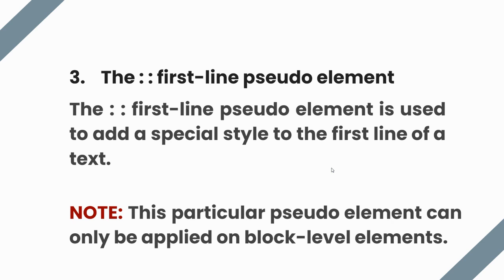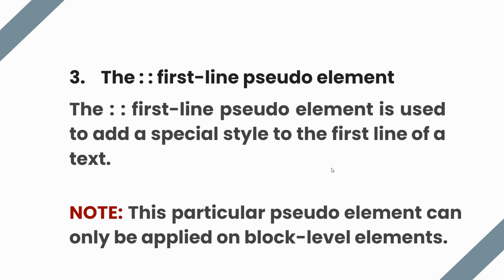As we all know, the popular text elements we have are mostly the p tag, the heading tags, the small tag, the big, the strong, anything that is used to hold text within itself can use this pseudo element to style the first line of that text. So as opposed to how we've been doing styling before, where we style the entire element, here you get a chance to style just the first line, which is the very first line where the element's content is being rendered.